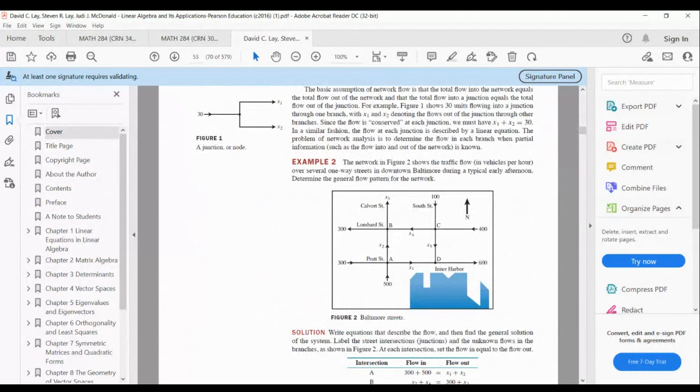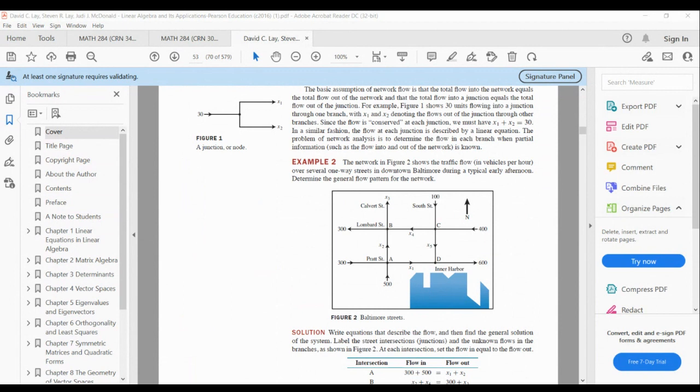They have an example where the network in figure 2 shows the traffic flow in vehicles per hour over several one-way streets in downtown Baltimore during a typical early afternoon. Determine the general flow pattern for the network.